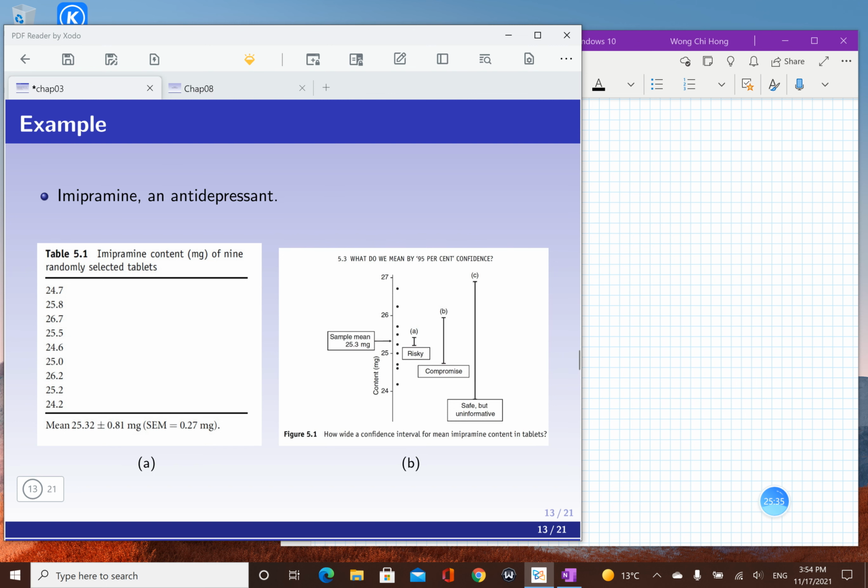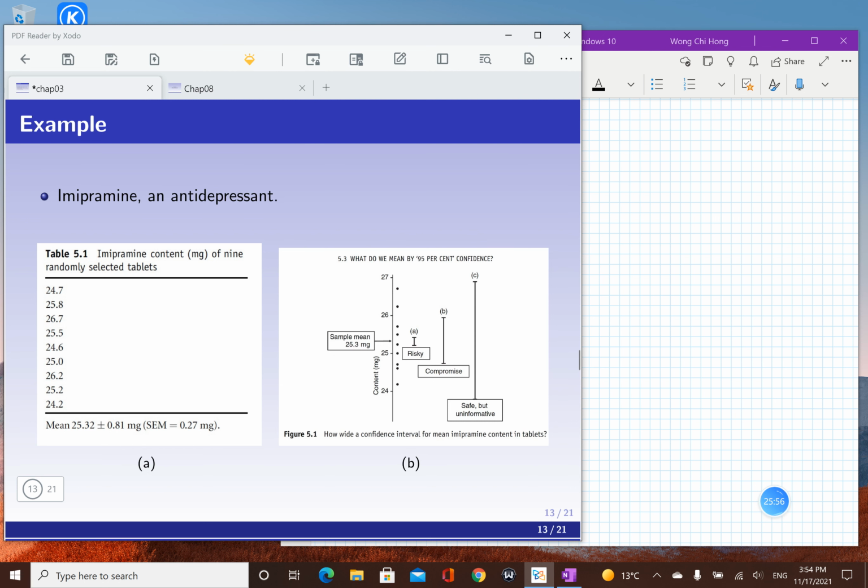But here's the thing: suppose they want to check the actual imipramine amount in these tablets. They've done an experiment. They've got 9 of those numbers.